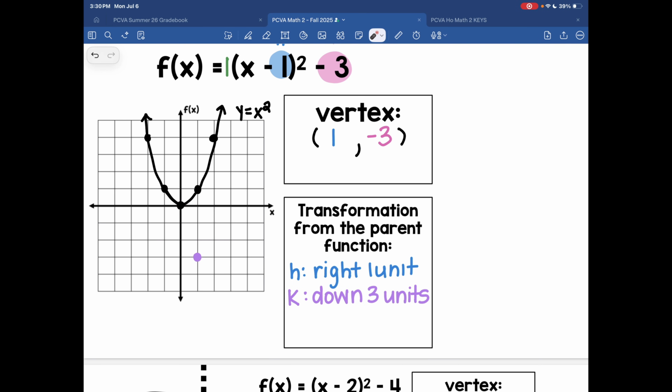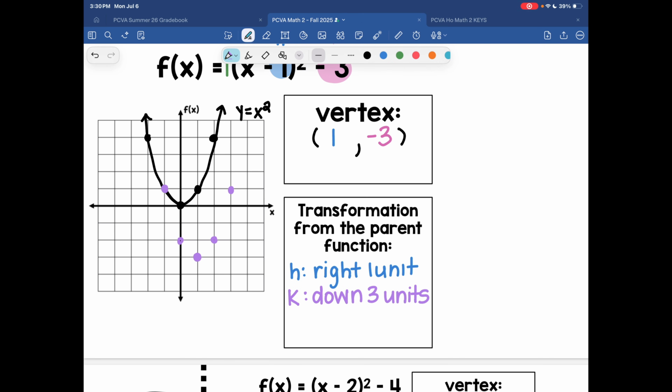That puts me at my new vertex. And I can repeat that for each one. I could go right 1, down 3, and that's going to put my point at that different location. Right 1, down 3. And that's going to happen on both sides, because it's always going to be symmetrical.